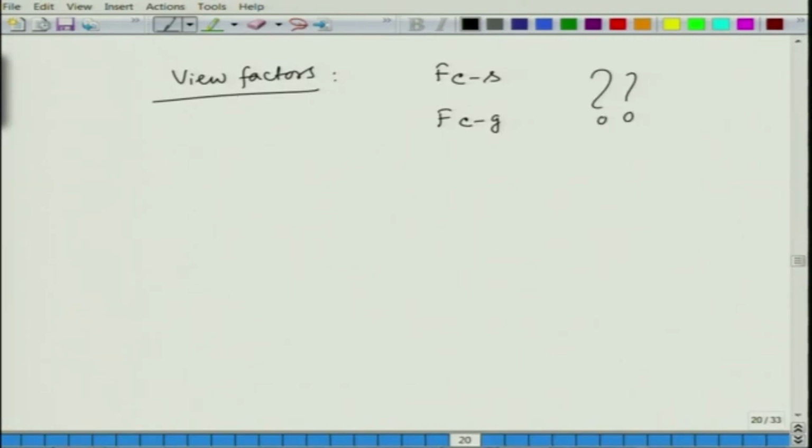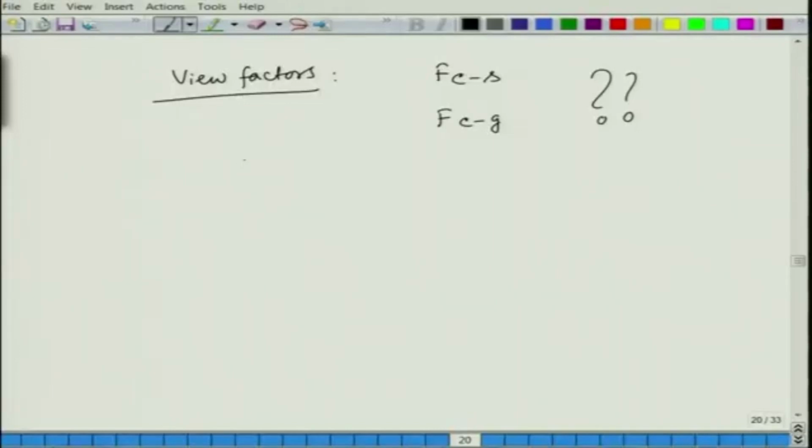Now we are not going to calculate these view factors, which is a geometric concept that you have learned how to do in radiation heat transfer. So, we will just state what these view factors will be. The collector to sky view factor will be (1 + cos beta)/2.